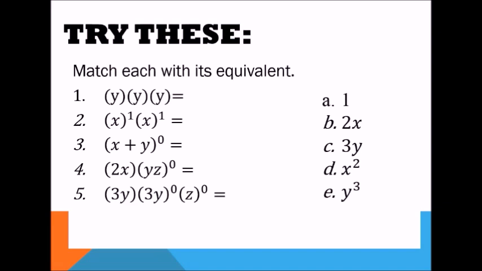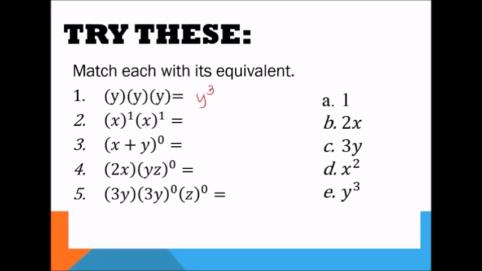Okay, so let's reveal the answer. So for number 1, y times y times y, applying yung ating basic concept where you have a natural number as exponent, is equivalent to y to the third power. So for number 2, x to the first and x to the first, yan ay parang x times x lang din.